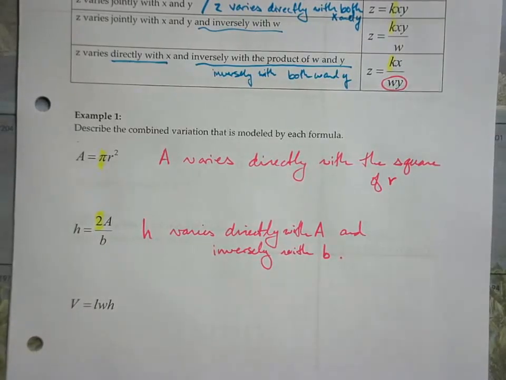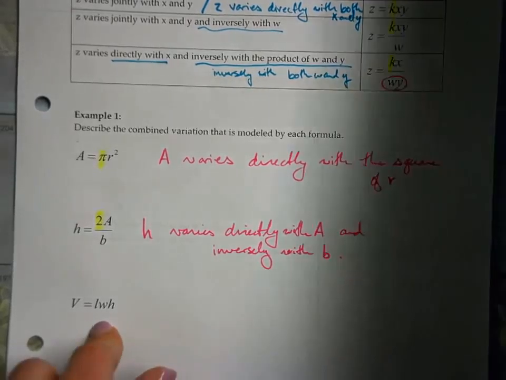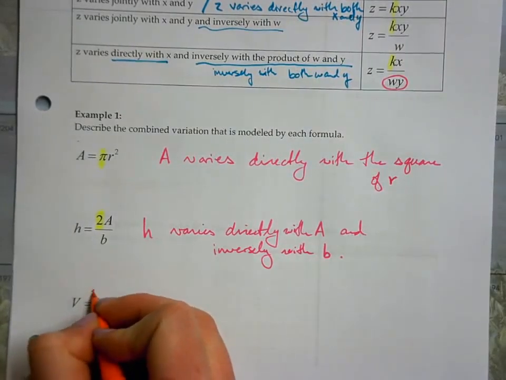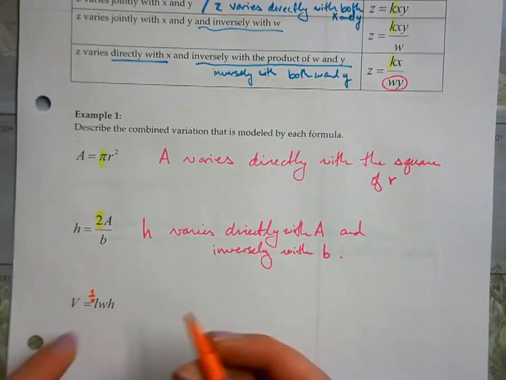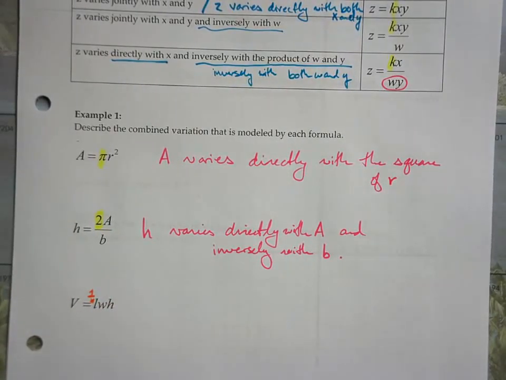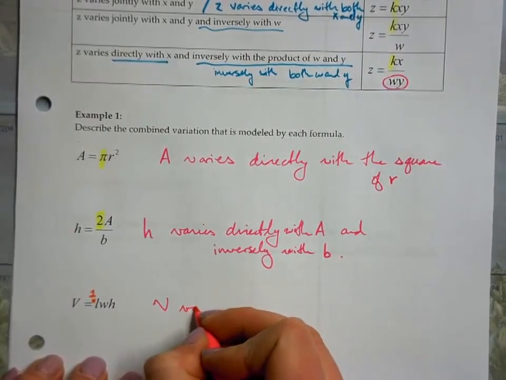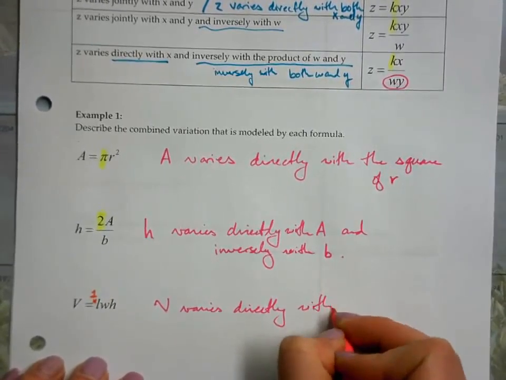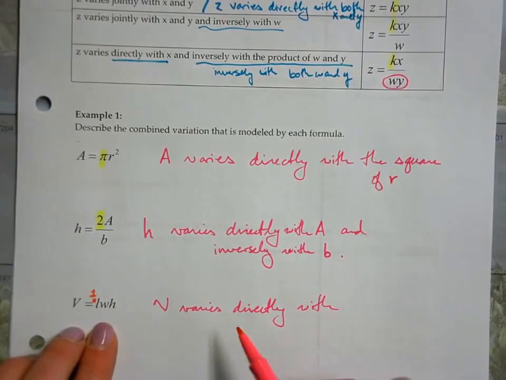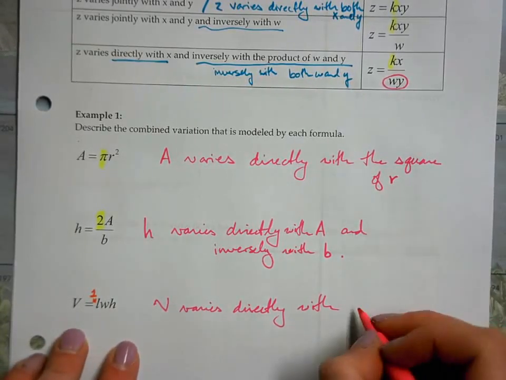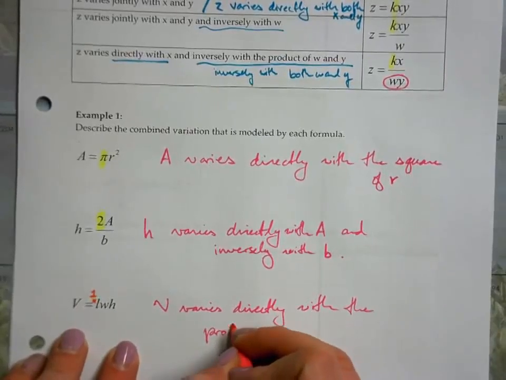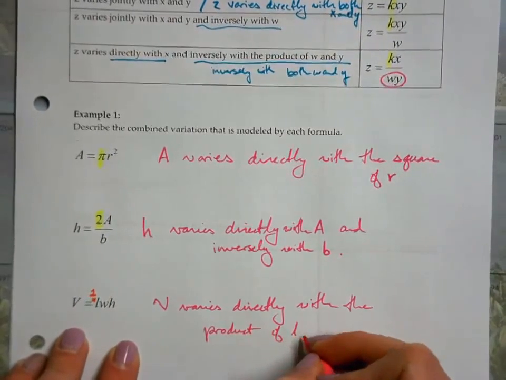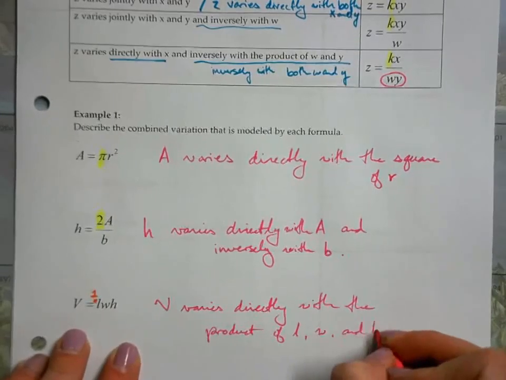And then for this last one down here, we don't see a constant or a k written. So if there's nothing written in there, that's the same as really saying that there's a 1 as your constant, right? It's just not written, but it's just a 1. So we don't have to say anything about it again because it's the constant. We'll just say v varies directly with, we could say L and W and H, or we could just say with the product of L, W, and H.